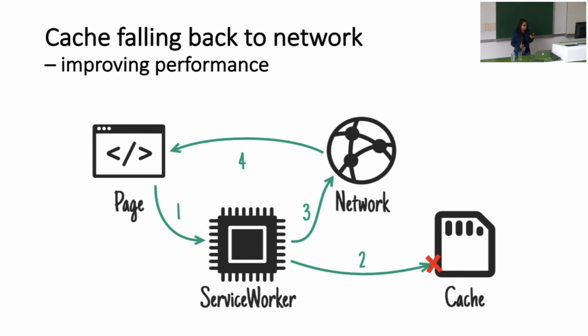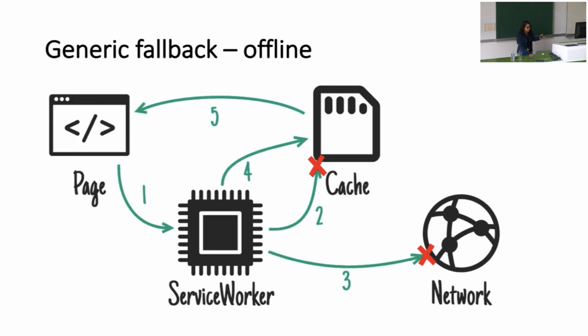So we have this module called falling back to the network, which is basically used to improve the performance of a progressive web app. Before going to the network, even if the network is available, we first go to our cache and see if we already have a response cached for that particular request. If we do, we return the response from our cache, and then we try the network. Or in case we don't have the network, which is where the offline experience comes into play, we first try the cache.